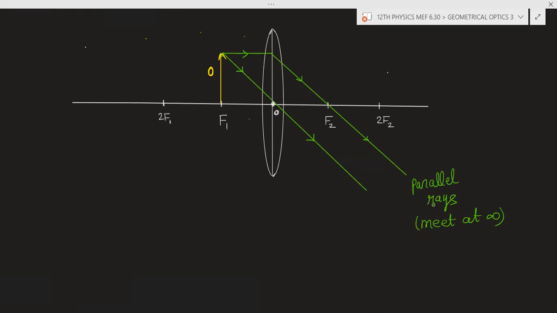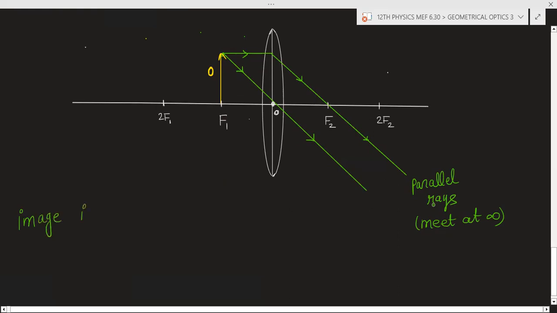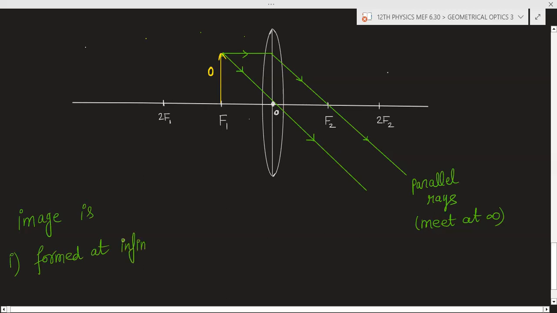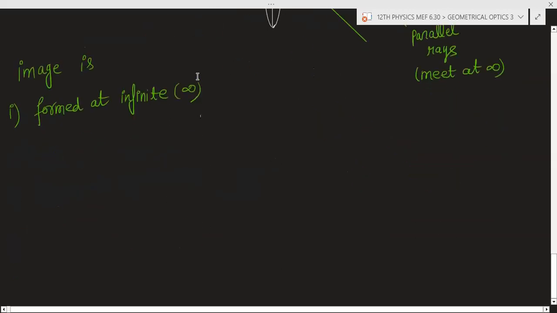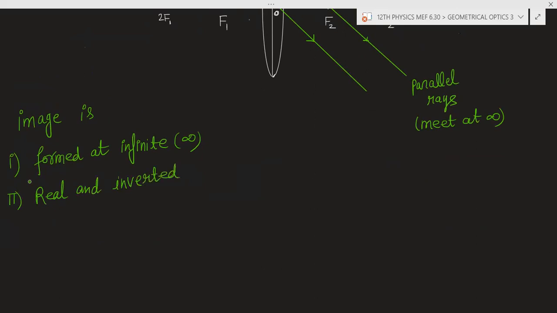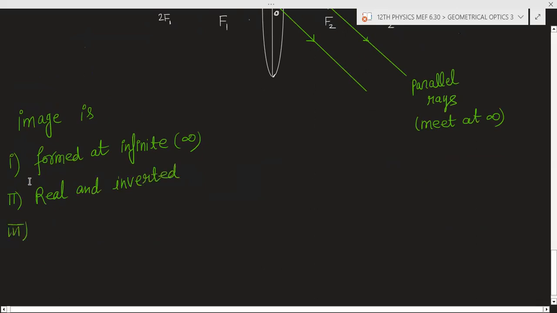So you can write: number one, the image is formed at infinity. This is how we represent infinity. Number two, real and inverted. Number three, what can you say about the image?